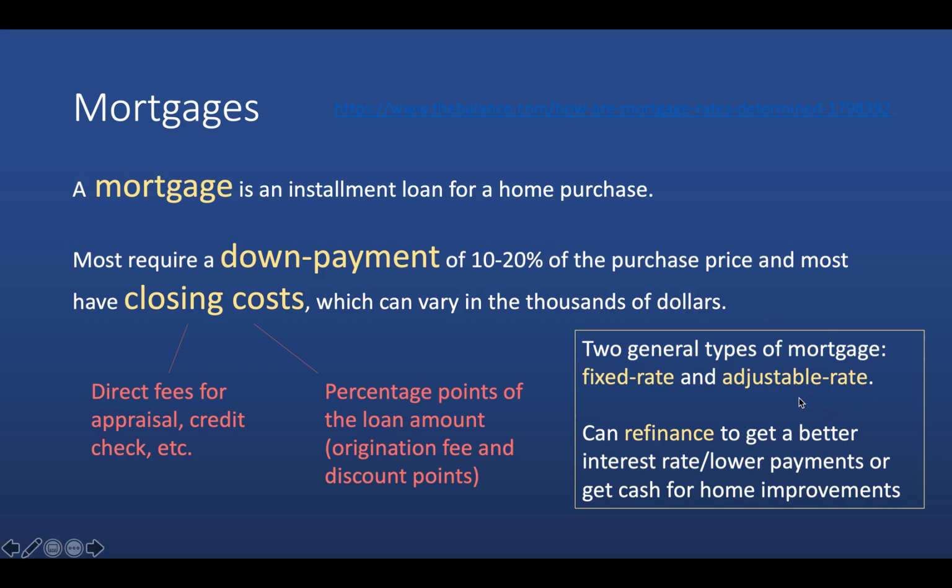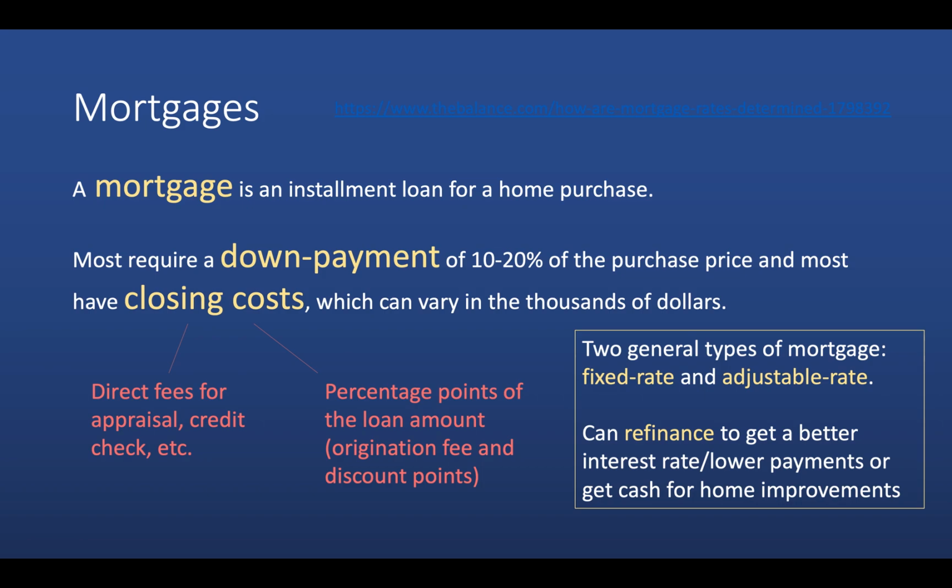An adjustable rate mortgage is just like it sounds, where the lender has the capability to adjust the rate within certain guidelines. There are laws around this, but for example, let's say they could increase the rate by 0.5% per year up to a total of 10%. And so the adjustable rate might start out really low.